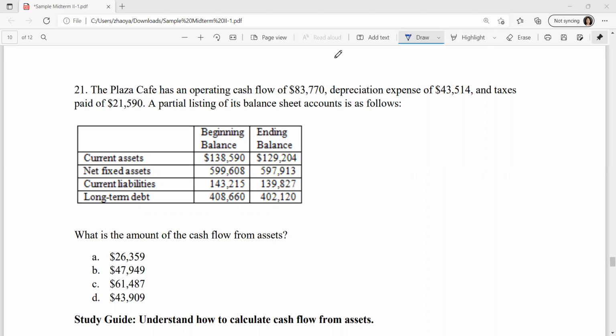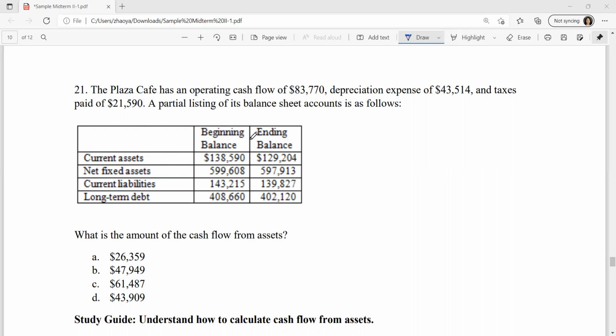Plaza Cafe has an operating cash flow of 83,770, depreciation of 43,514, and taxes paid of 21,590.